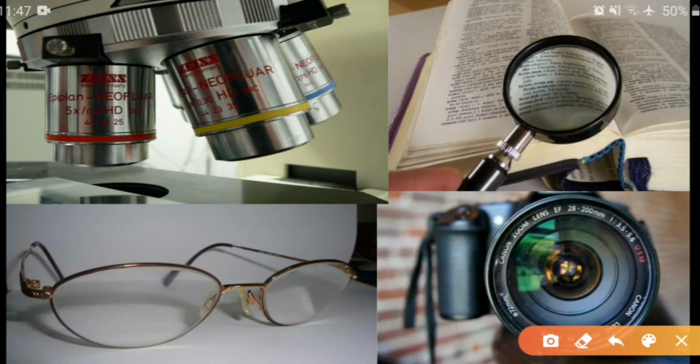As you can see here in the figure, convex lenses are used in spectacles to correct the defect of vision called hypermetropia or long-sightedness, about which we will discuss in the next chapter. At this moment, you should only note down that convex lenses are used in spectacles to correct the defect of vision. That's all.